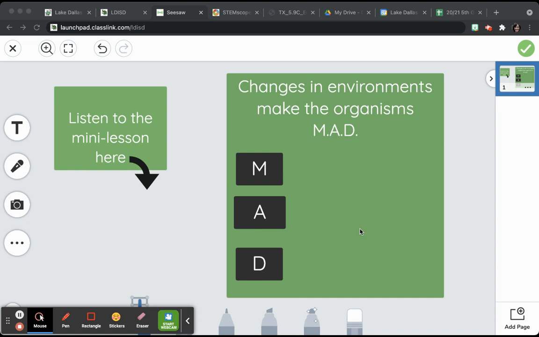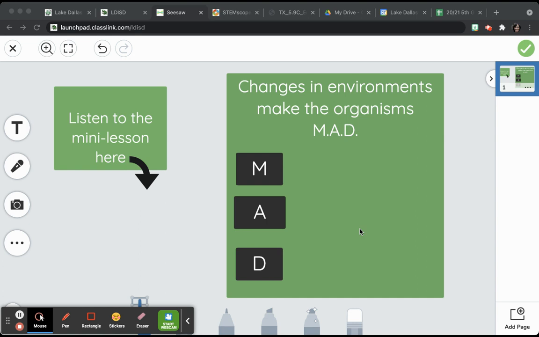Remember, in those three images, you saw a possible change that could occur in that environment, and then you predicted what could be some effects on the living organisms that were there. How do they deal with that?